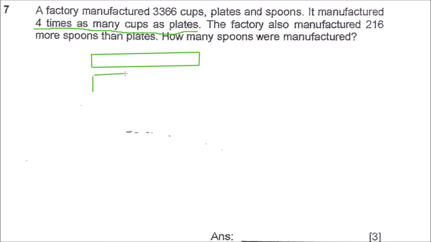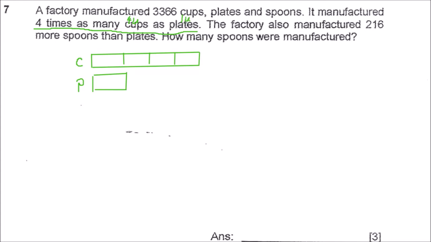This will be my plate. Why? Because 4 times as many cups as plates, right? So my cups has to be 4 times. Something like this. Cup is 4 units, 4U, and this plate is 1 unit.